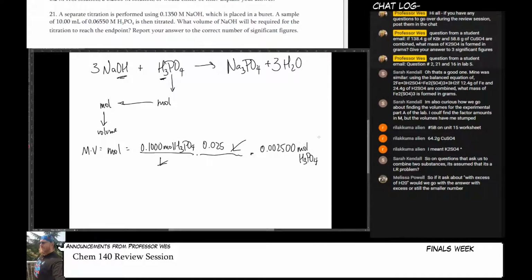All right, now that you know the number of moles of phosphoric acid, I can figure out the number of moles of this stuff by using the mole-to-mole ratio, right? So moles H3PO4, moles of NaOH.